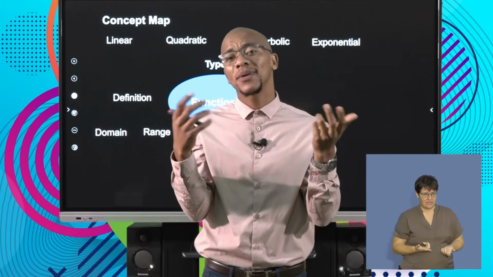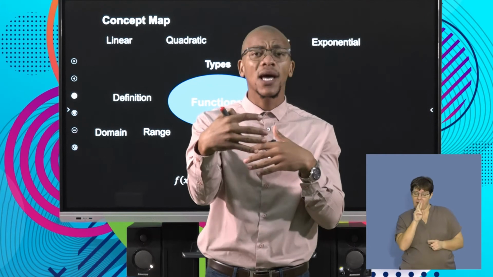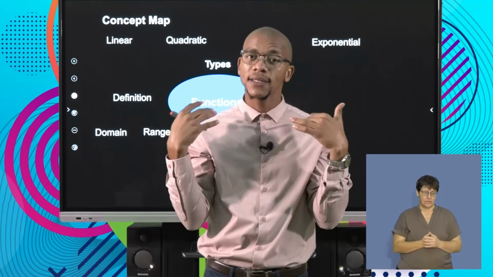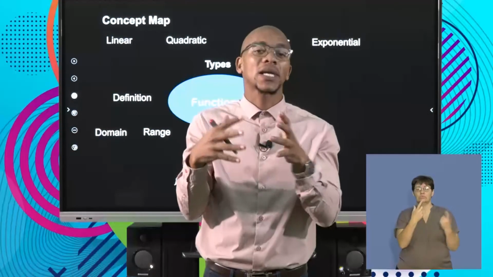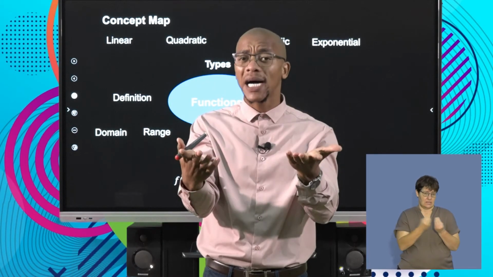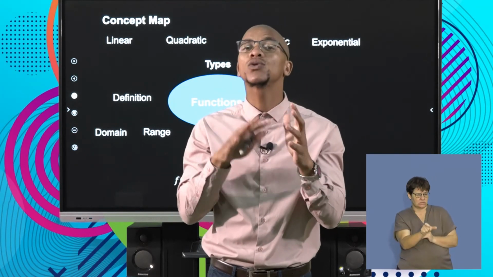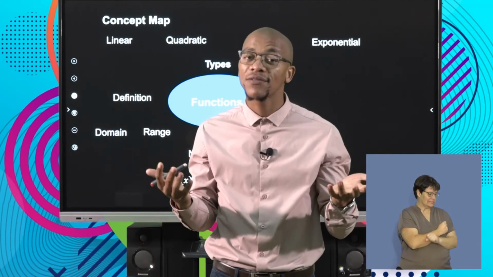Because remember, as much as I want you to see these things, I also want you to know how to calculate them, because maths is all about doing the algebraic stuff, not just seeing with our eyes. So let's look at the keywords that we need to know when you're talking about a linear function.